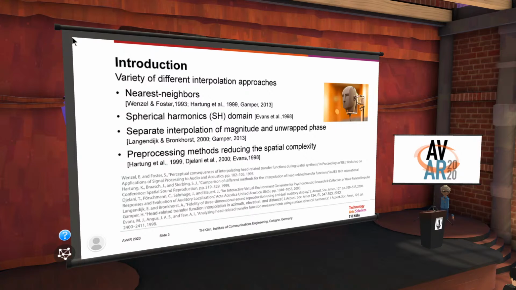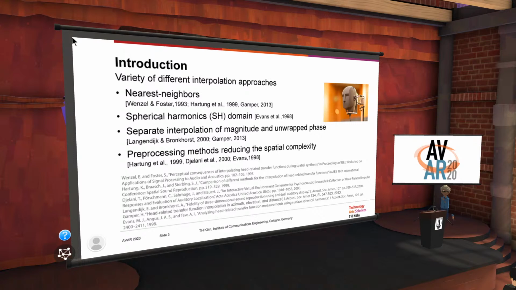The idea of this study was to bring together completely different approaches. In the 90s, mainly nearest neighbor-based approaches were used. You can refer to Wenzel and Foster, 93, so 27 years ago, or to Hartung, who applied nearest neighbors and then did interpolation, spatial upsampling of HRTFs.